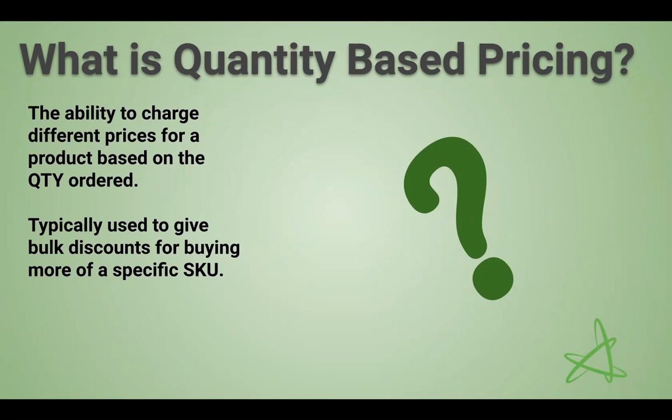So, if you order more than 5 of these, you'll get your discounted price. If you order more than 10, you get a discounted price. And the benefit, which is probably obvious to everyone listening, is that you use this feature to give customers bulk discounts and incentives to buy more of a certain item versus just 1 or 2 or 3 or whatever.